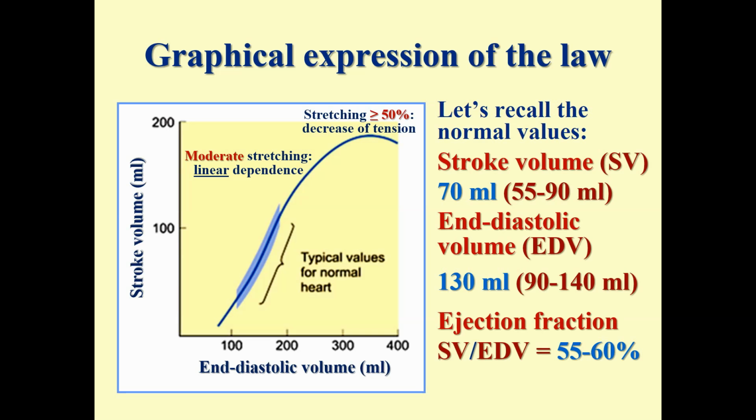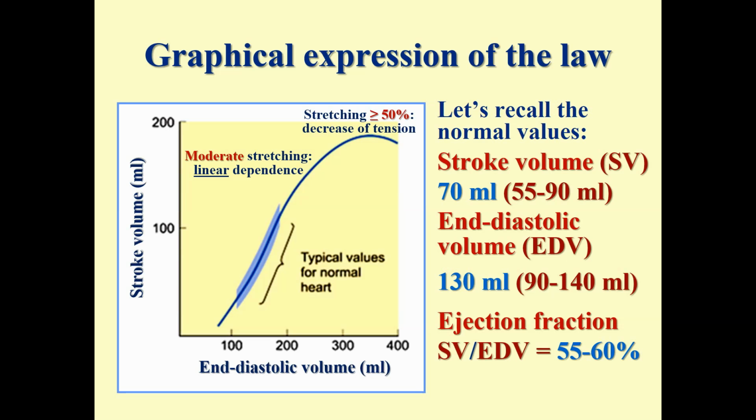And ejection fraction, a very important index that is based on these two, stroke volume and end diastolic volume. As the name shows, it's part of. Which part of the end diastolic volume is made by stroke volume or systolic volume, divided by end diastolic volume and multiplied by 100%, so we take it in percentage. Generally it makes about 55 to 60%. It's a regular level for resting state.